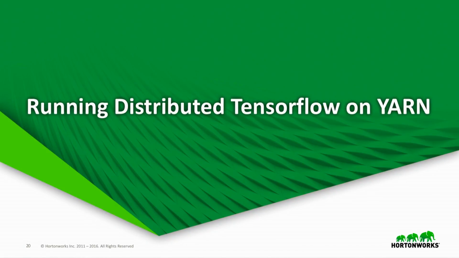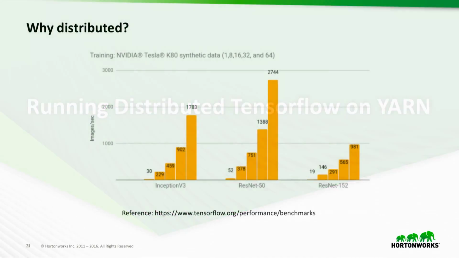So I'm going to talk about running distributed TensorFlow on Yarn. First question is why we want to run distributed TensorFlow. The reason is if we use more GPUs to train a model, many models or frameworks can scale very, very well when we add more resources.